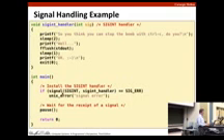After we install that handler, we're going to execute the pause syscall, which suspends the current process until a signal is received and a handler executes in that process. And then pause returns.